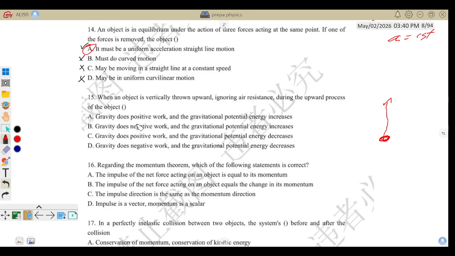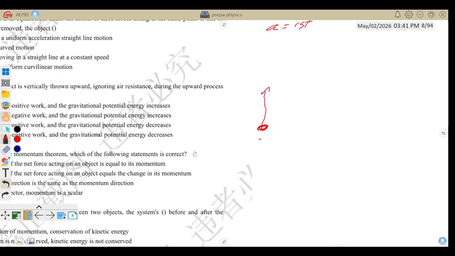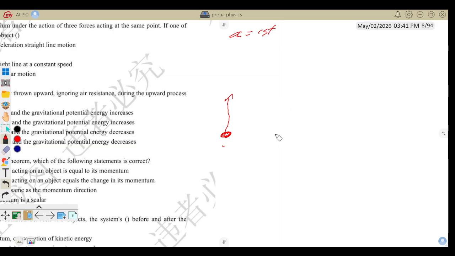What happens to the work done by gravity, and what's going to happen to the potential energy? If you remember, in video part 2, we talked about question number 7. We said that the work is the force times the displacement.